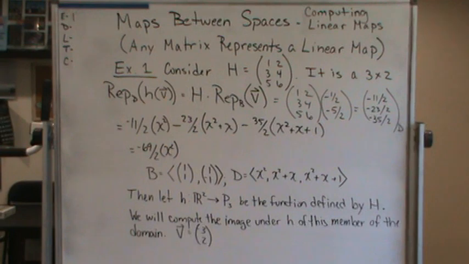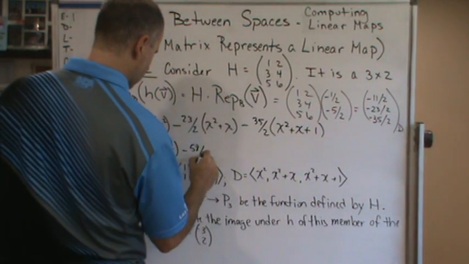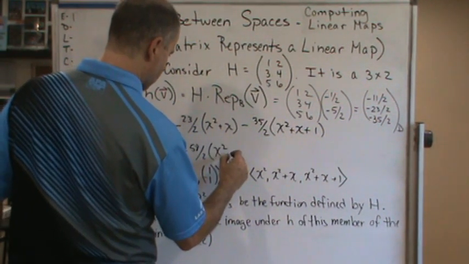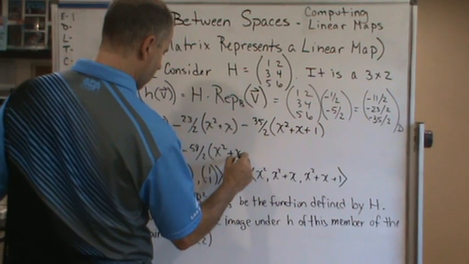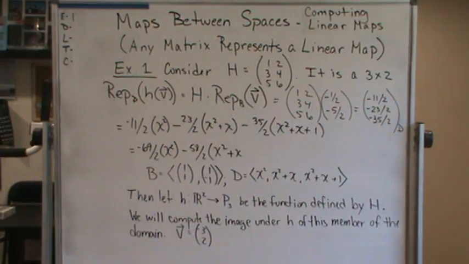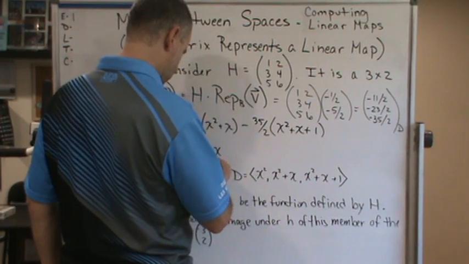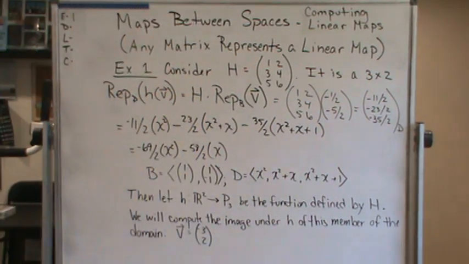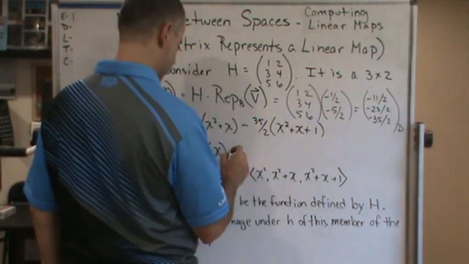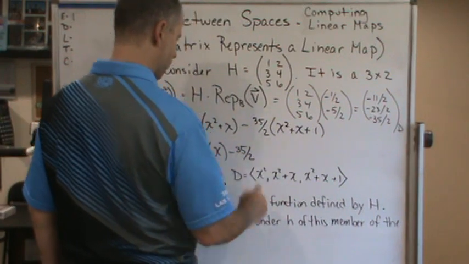Then the second term is going to be minus 58 halves times x, and then of course minus 35 halves, because that's the only constant term.